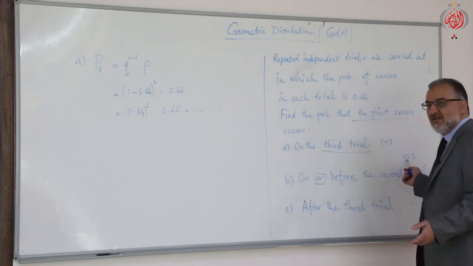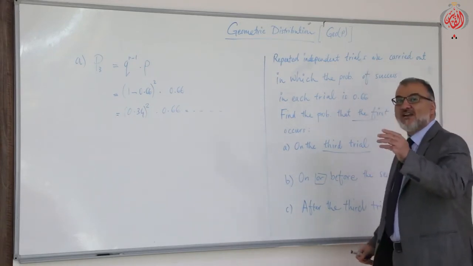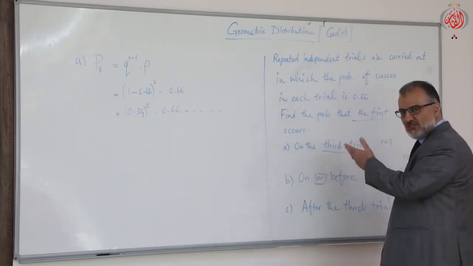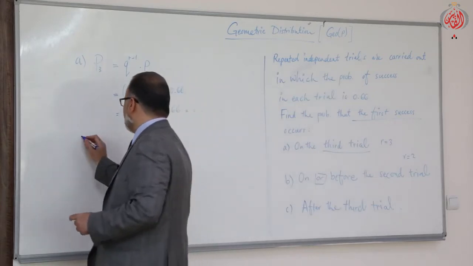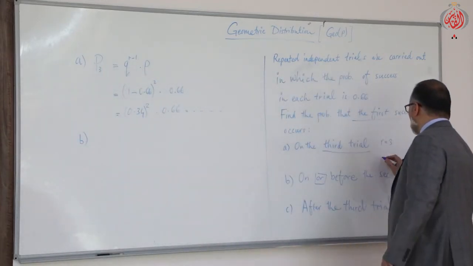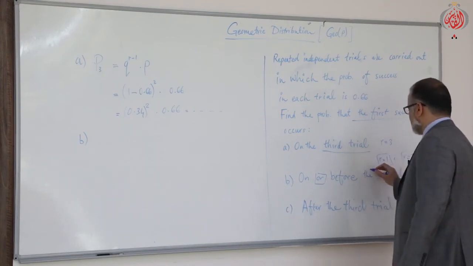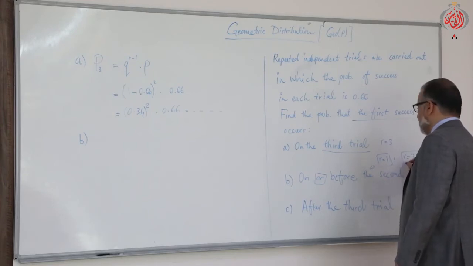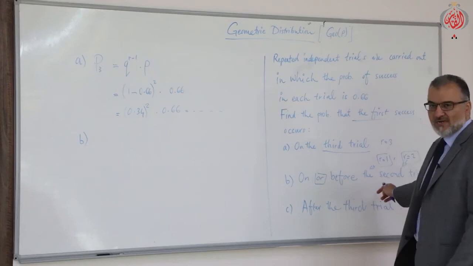Remember always that in the geometric distribution R starts from 1, 2, 3, 4, and so on. So here, to find it, we need to calculate either R equals 2 or R equals 1. R equals 2 for on the second trial, while R equals 1 before the second trial.